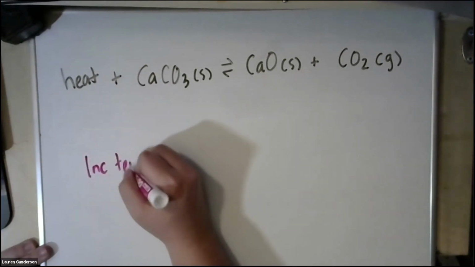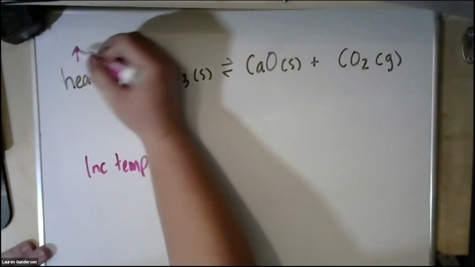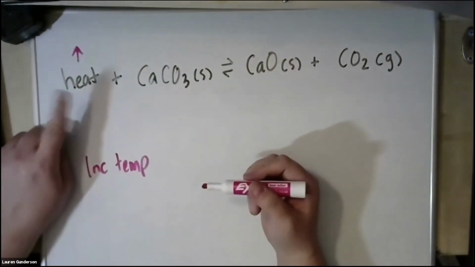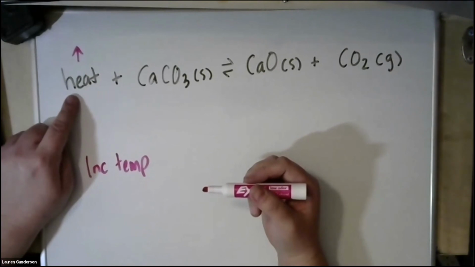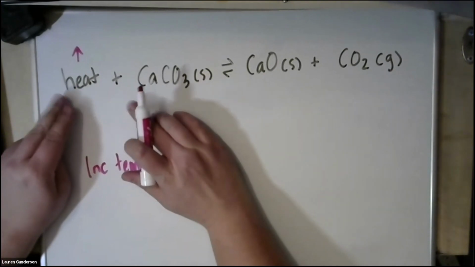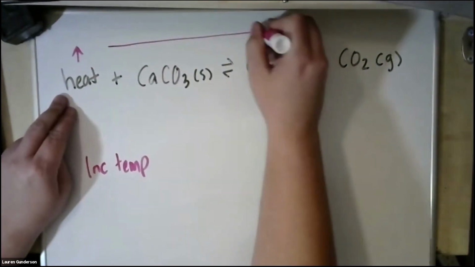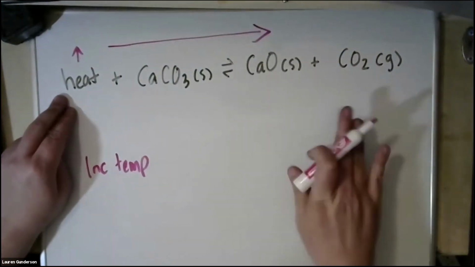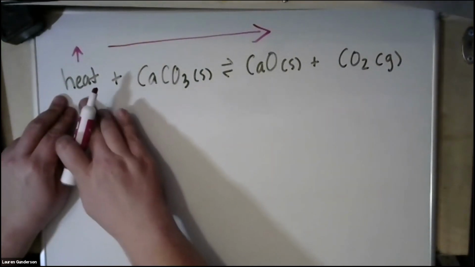If we increase the temperature here, treat this just like any other reactant. If we increase the temperature, that means we're adding more heat. Heat is a reactant. So if we're adding more reactant, that means we have too much reactant, and our reaction is going to proceed in a forward direction to try to get rid of some of the extra reactant.